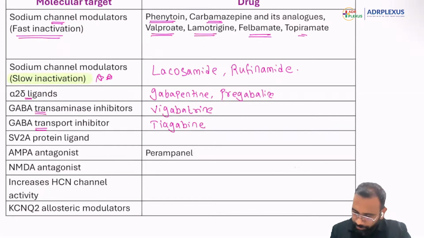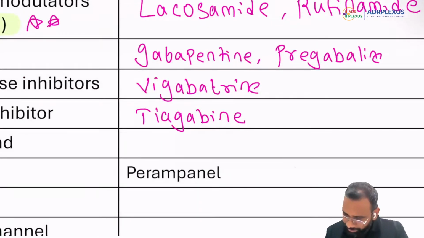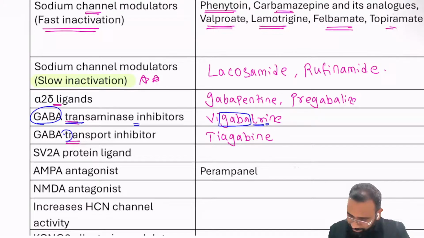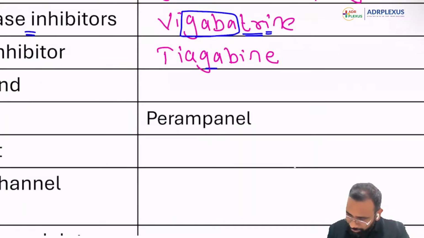This is what I told you. Vigabatrin: you see from the name itself, GABA transaminase inhibitor. Next, tiagabine is a GABA transport inhibitor.